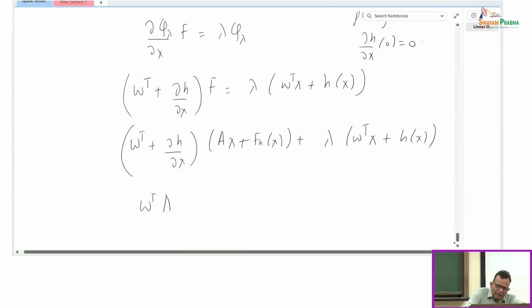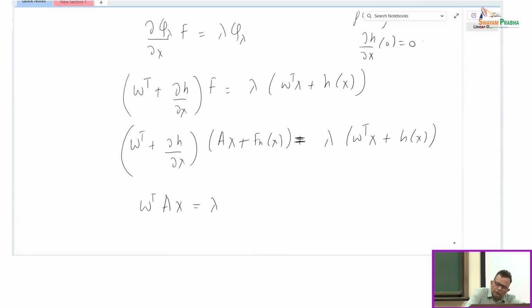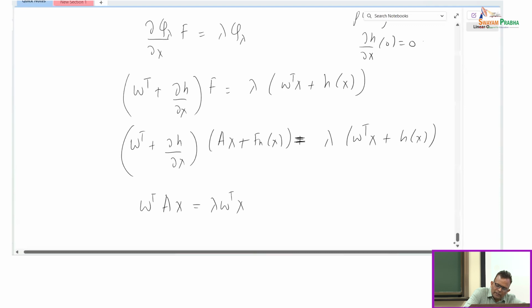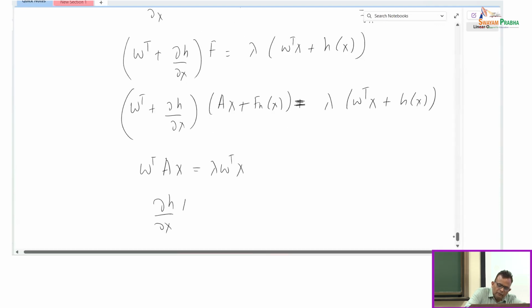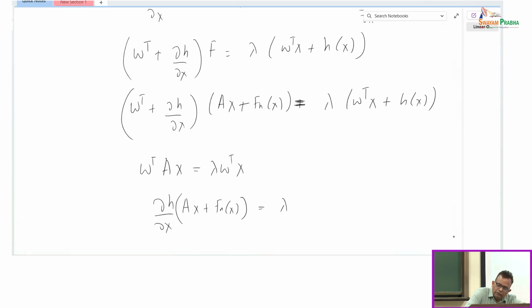what you see is that the linear part has to match with the linear part. That is, W transpose Ax has to be equal to lambda W transpose x. And then the rest is all nonlinear: Ax plus Fn of x equals lambda H of x.